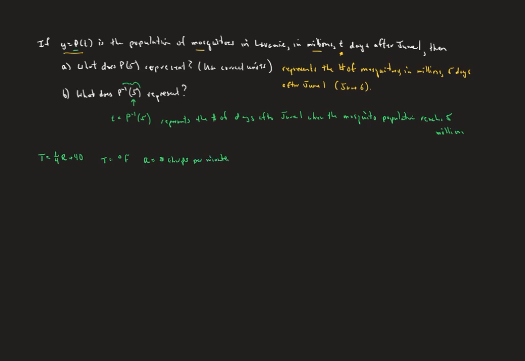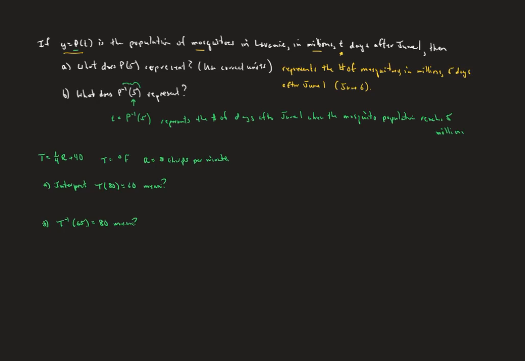So can you interpret what T of 80 equals 60 means? And then I'm going to ask you also to interpret what T inverse of 65 equals 80 represents? And we're going to use units when we talk about this.